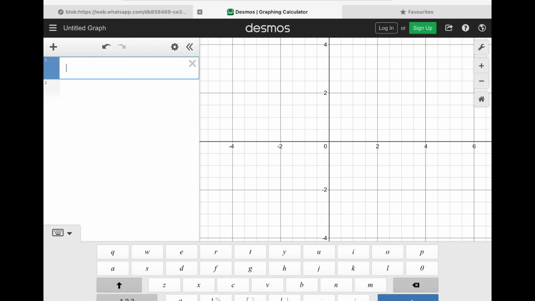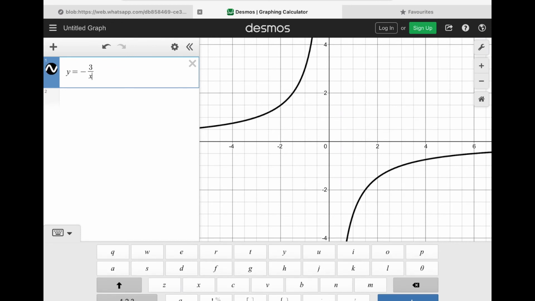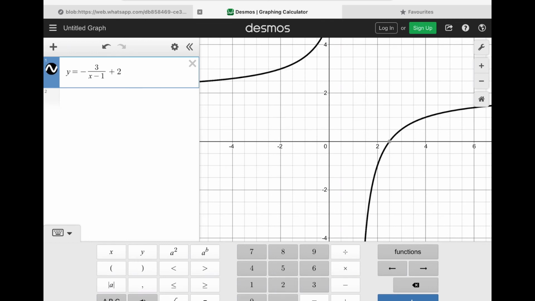Now, let's use a graphing calculator to see what our graph looks like. So now we're just confirming if we have the right drawing or not. And this is what our graph looks like.